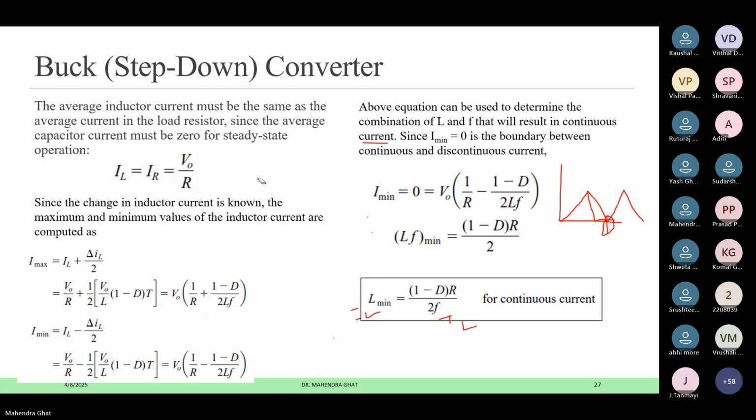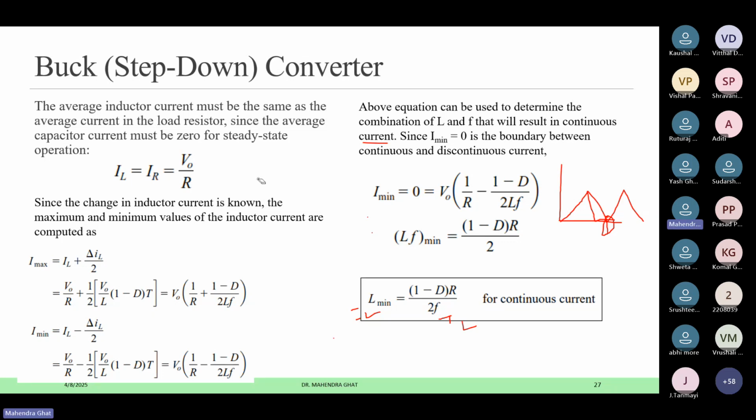So you have to keep the ripple at 5% of 5 ampere, which is 0.25, and within that 0.25 delta IL you choose all the components.